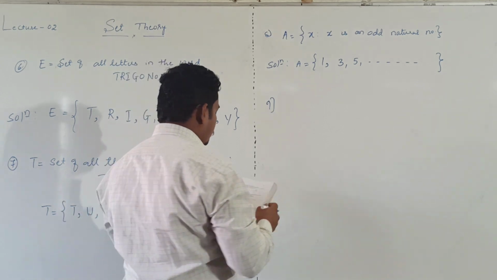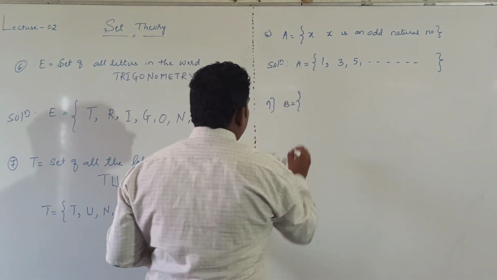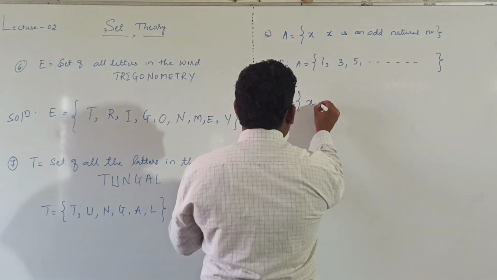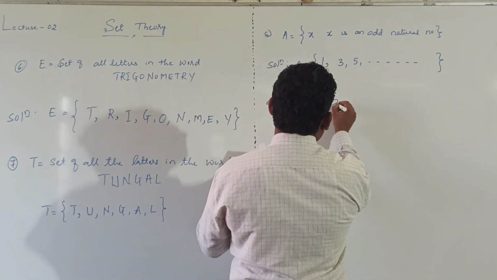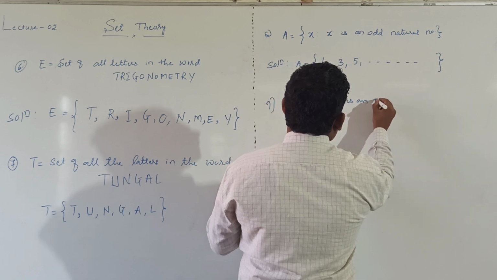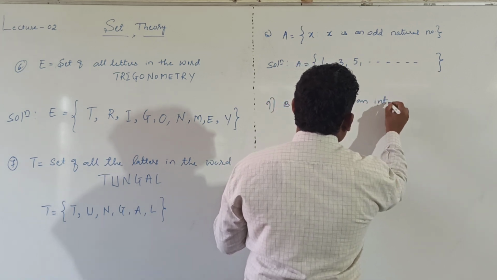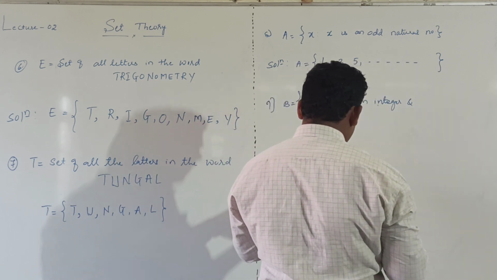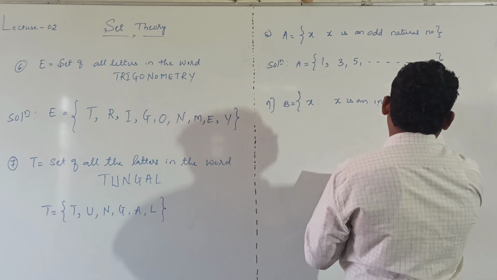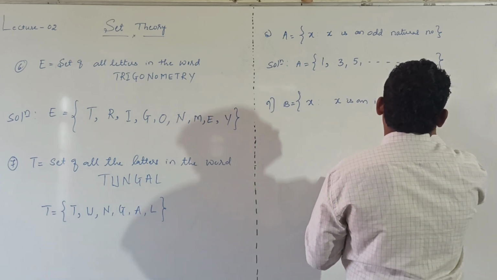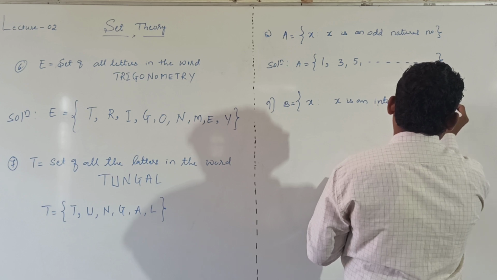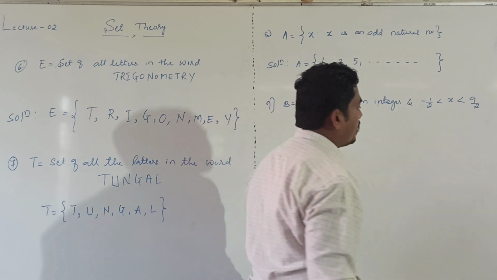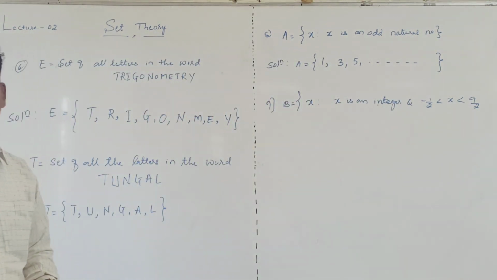Next, write the set B equal to the set of X such that X is an integer and greater than -1/2 and less than 9/2, in roster form.